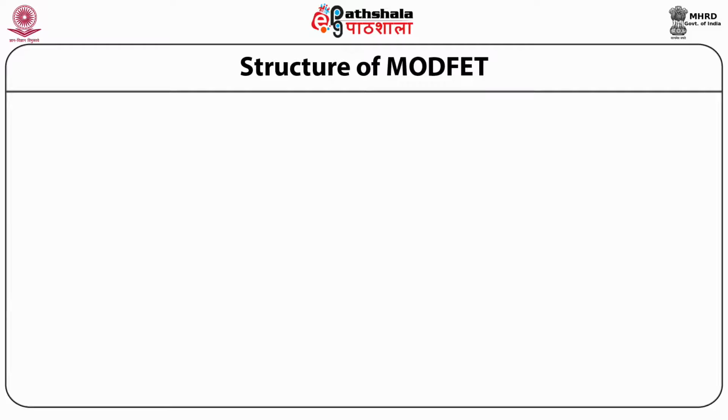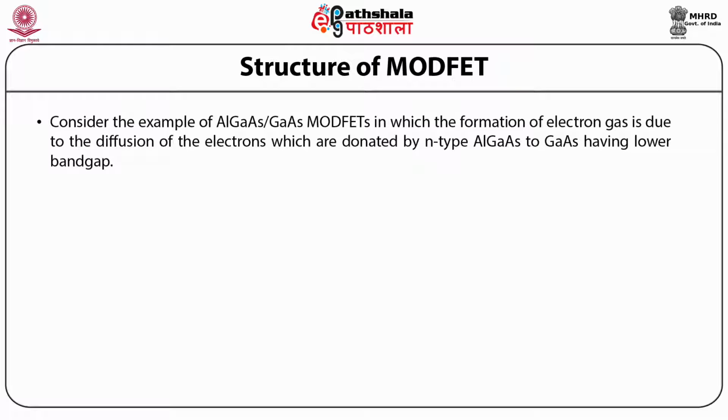So students, consider the example of an aluminium gallium arsenide MODFET, in which the formation of electron gas is due to the diffusion of the electrons donated by donors in N-type aluminium gallium arsenide to the lower band gap gallium arsenide.